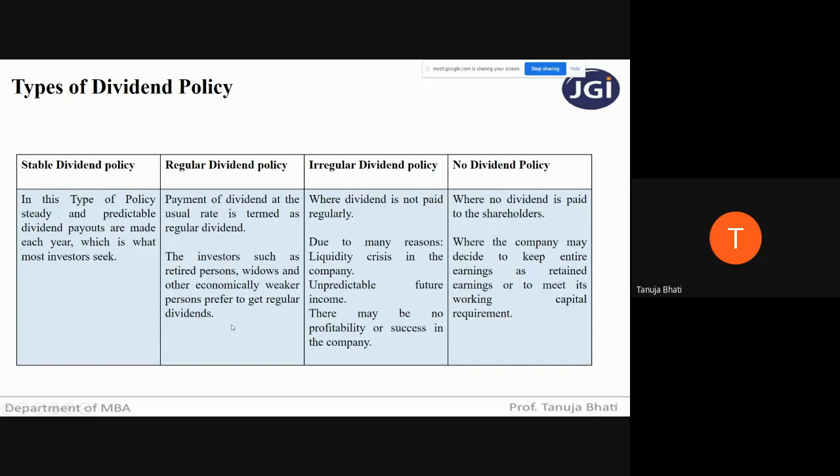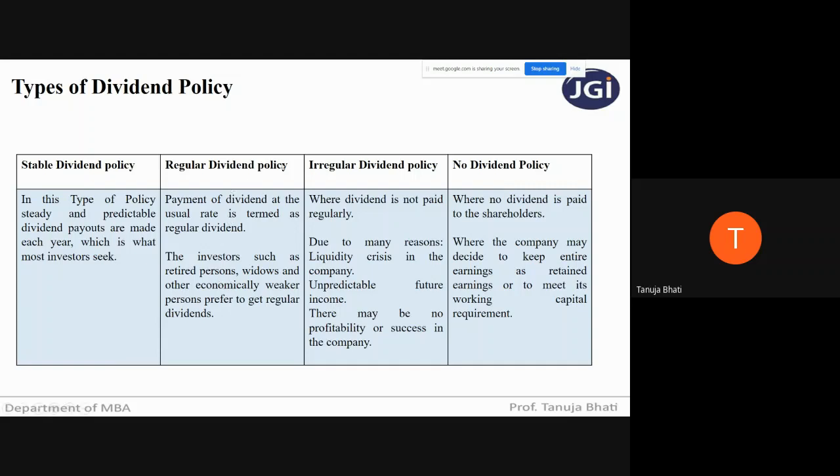Regular dividends means, suppose every month, or every 6 months, a regular amount of dividend at a usual rate is being given regularly. It is called regular dividend policy. It is required by retired persons because they want a fixed source of income, and dividend is nothing but the income to the shareholders, to the investors.